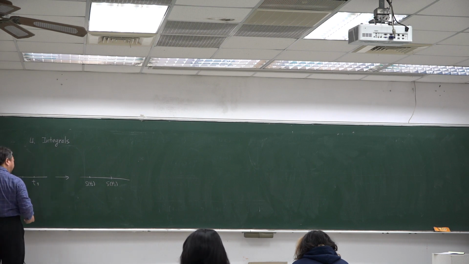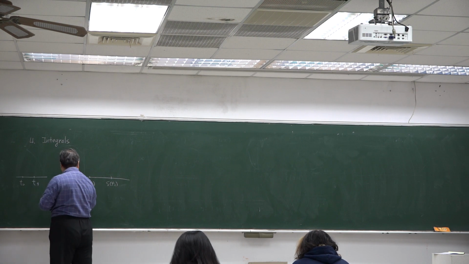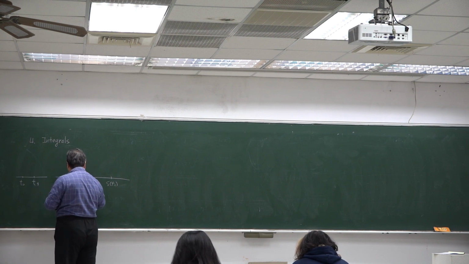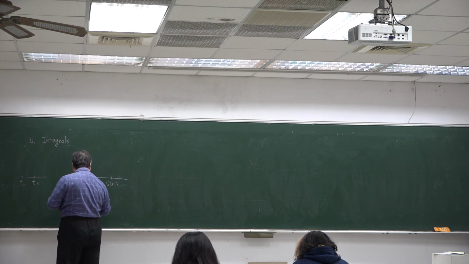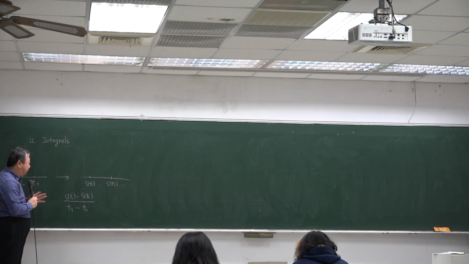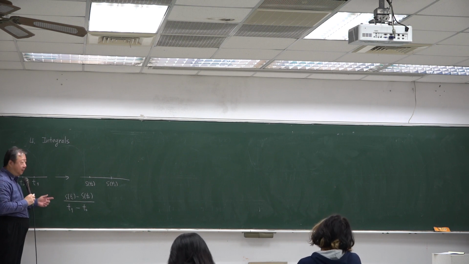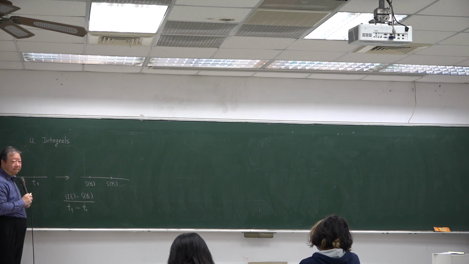Then we can make the difference quotient, s of t1 minus s of t0 over t1 minus t0. We call this number the average velocity of this particle on this time interval, t0, t1.